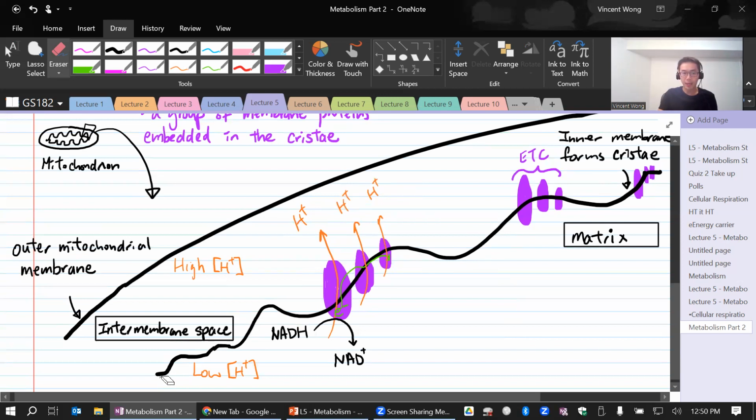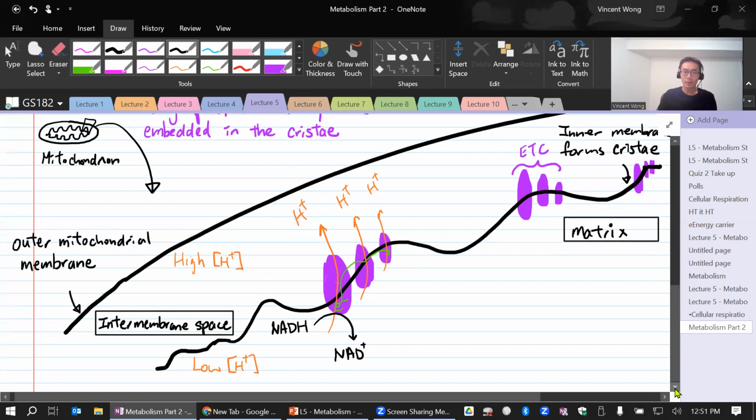And the inner membrane has similar composition as the cell membrane, so it will prevent the charged particle from coming back in. Okay? So you will build up this H+ concentration here, even though they really want to come back in, they have no way of coming back in.